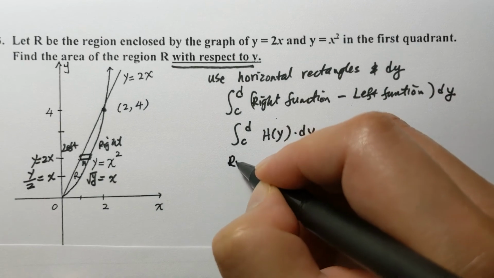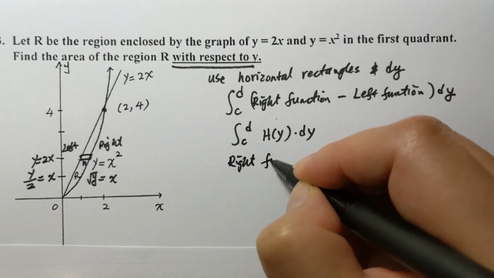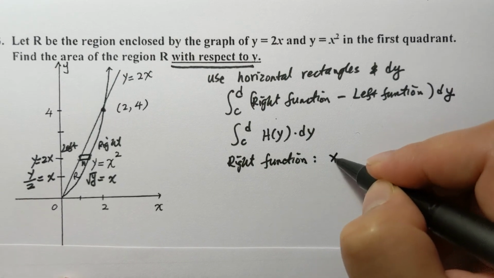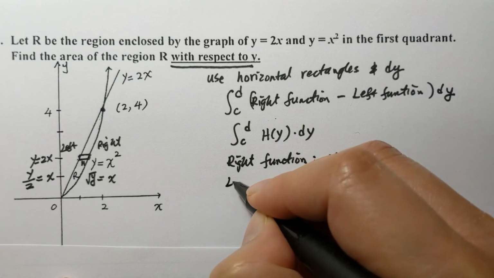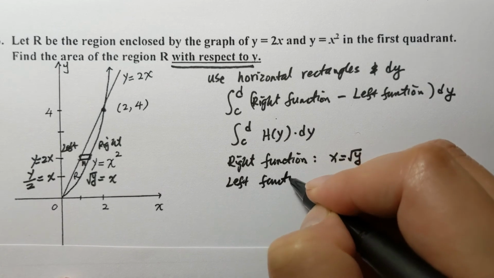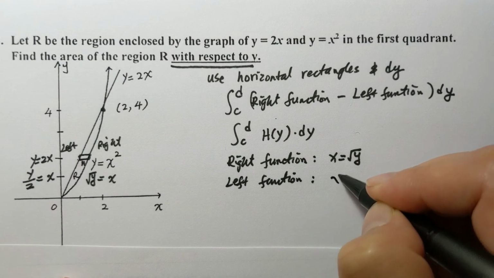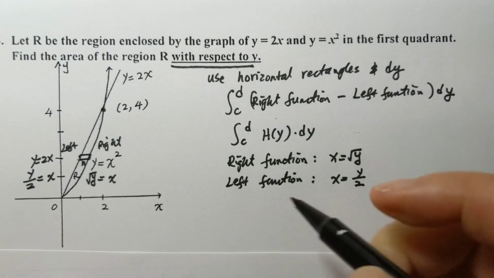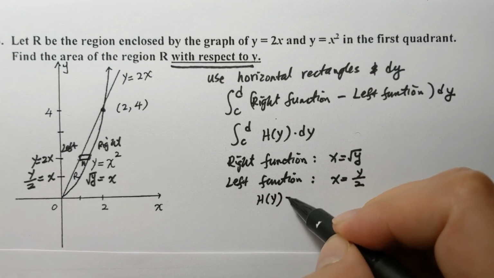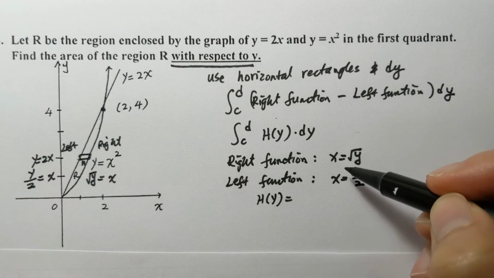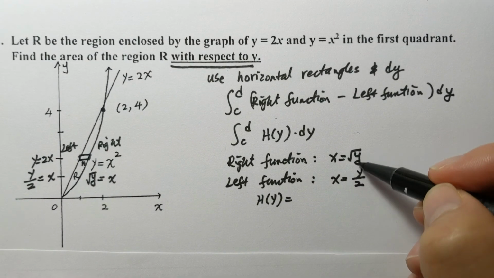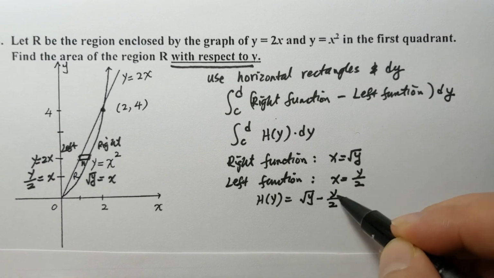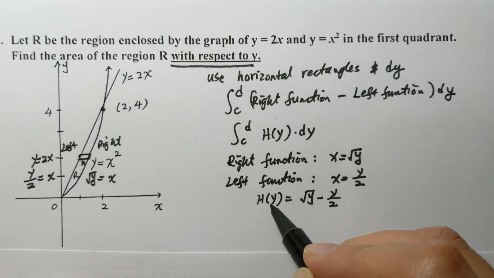So now my right function is x equals square root of y, and my left function is x equals y over 2. Now for the height, you subtract right minus left. When you subtract, the x cancels, so you get square root of y minus y over 2. H is a function of y.